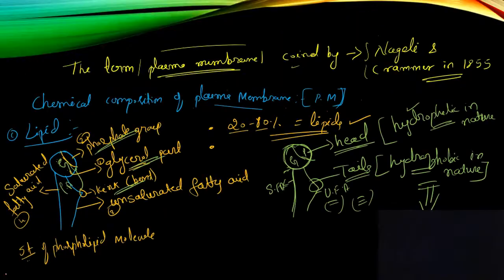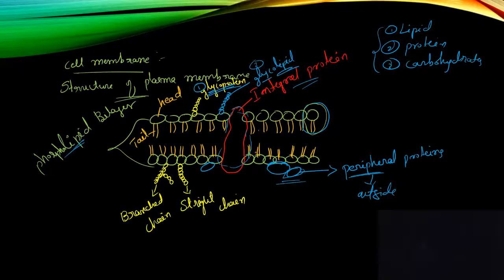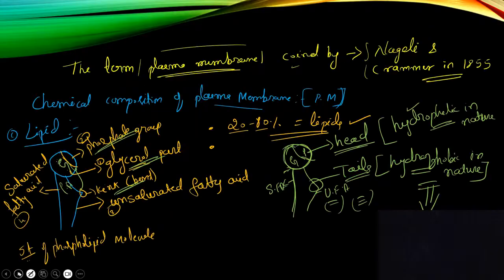You can observe in the diagram they are not embedded in the lipid bilayer. They are situated outside the plasma membrane, so that is what we refer to as extracellular presence.